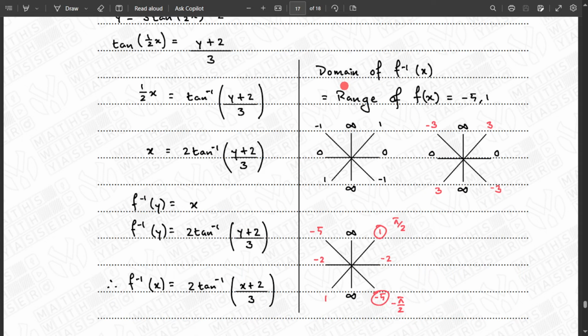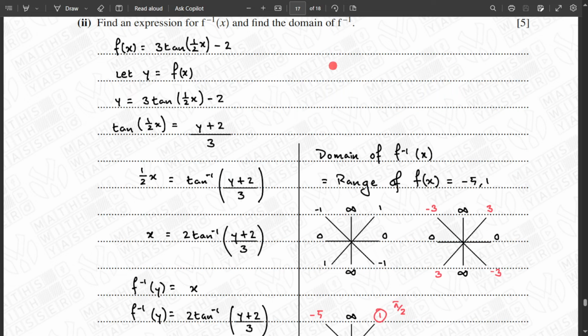In order to find the domain of f inverse, we know that the domain of f inverse of x is equal to the range of f of x. So our grid for tan is this.